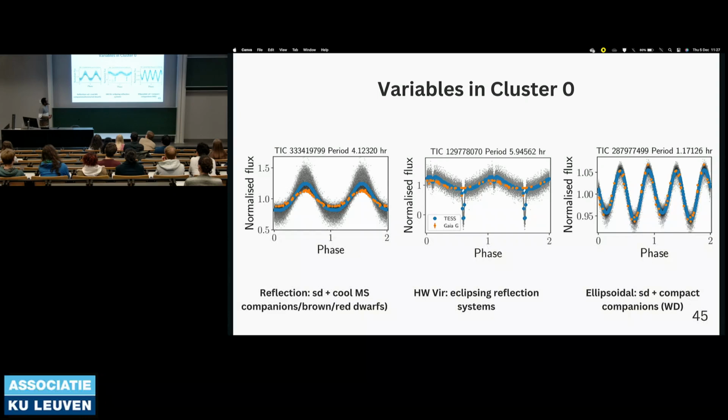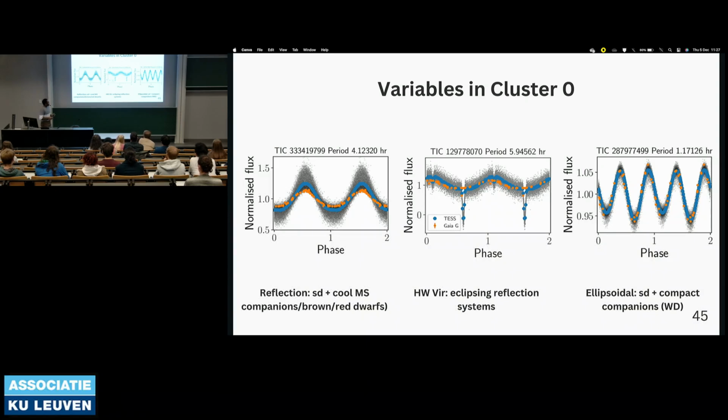This is to get a robust classification, especially, for example, in this case where Gaia missed a number of data points due to the sparsity of the sampling.